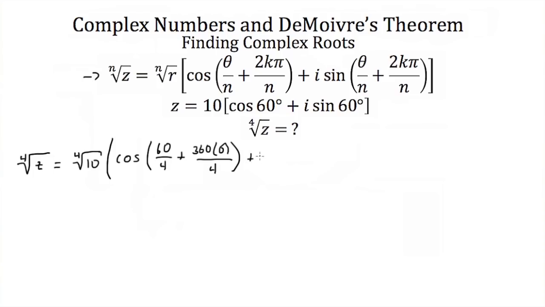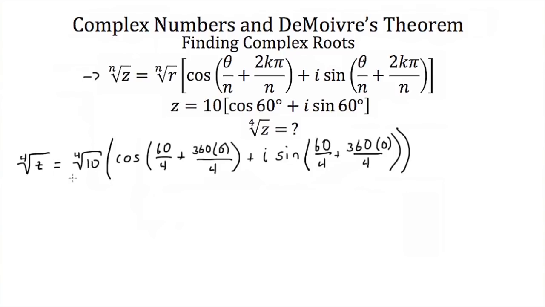plus i times the sine of 60 over 4, theta over n, plus 360 times k, which this time is 0, over 4. And this is our first solution. Simplify it a little bit.